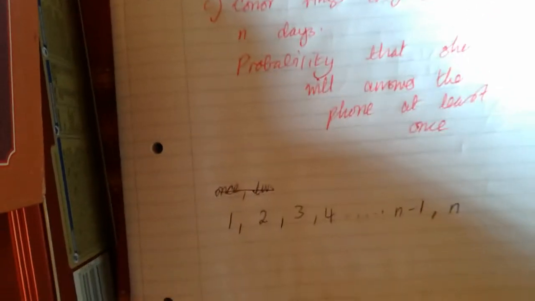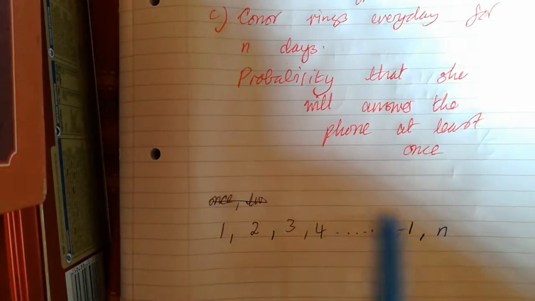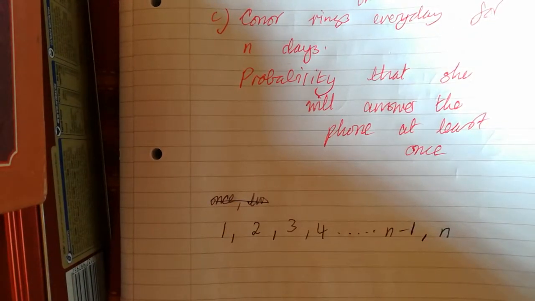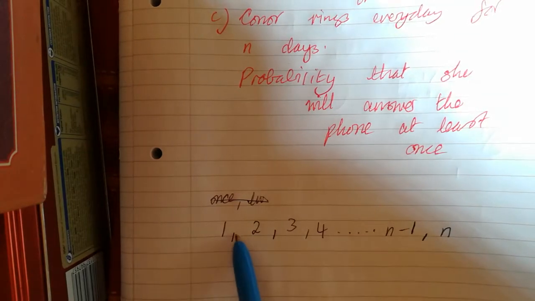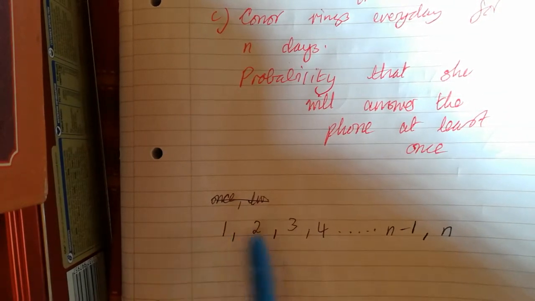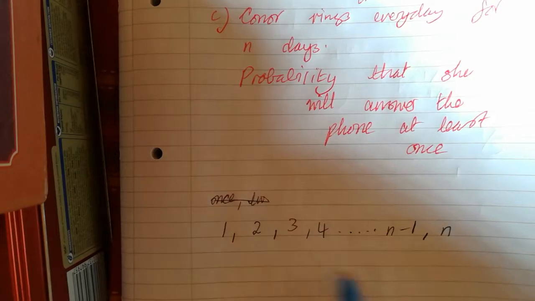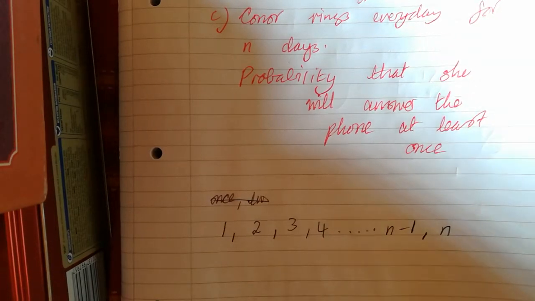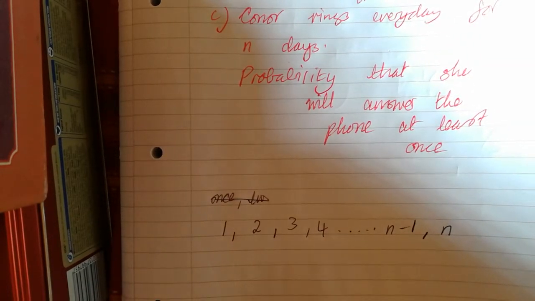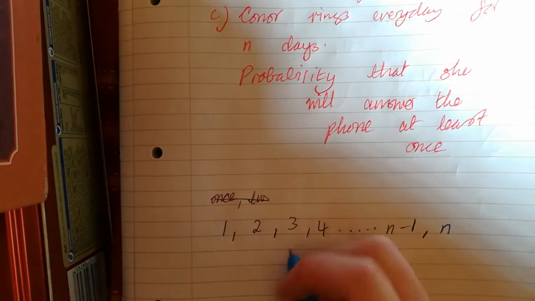So the probability that she will answer the phone at least once includes a lot of probabilities. It's very difficult to calculate the probability that she'll get it once, twice, 3 times, 4 times, all the way up to this n that we don't know. But the probability that she doesn't answer the phone at all, we can calculate that.